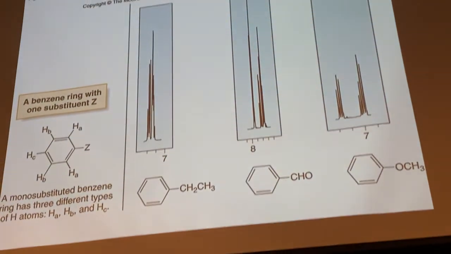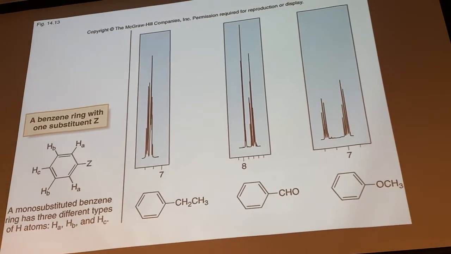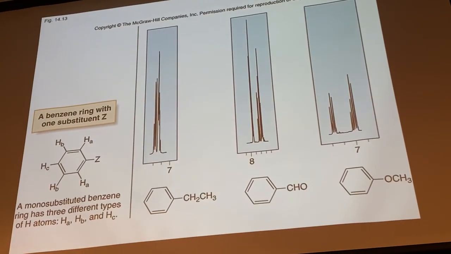This is a generic monosubstituted benzene ring. Okay, we see three different types of hydrogens in a monosubstituted benzene ring. We have a plane of symmetry down the middle. So we have HA, HB, and HC. So we would expect there to be three different signals in the proton NMR spectrum of a monosubstituted benzene.